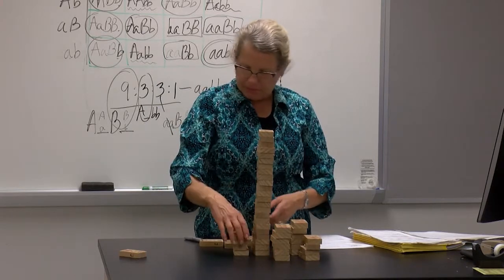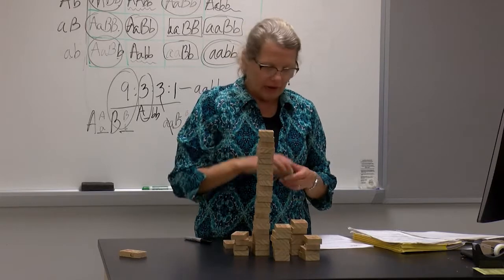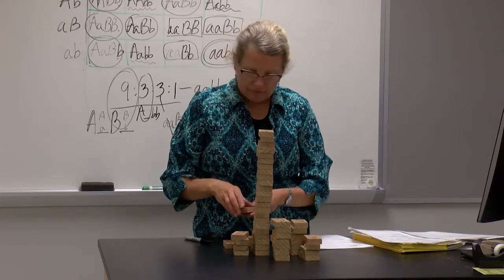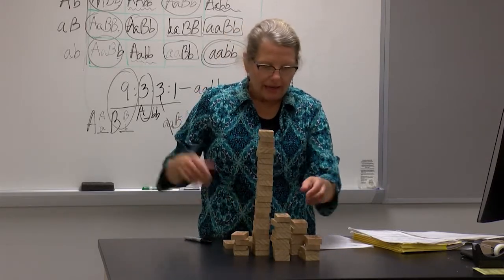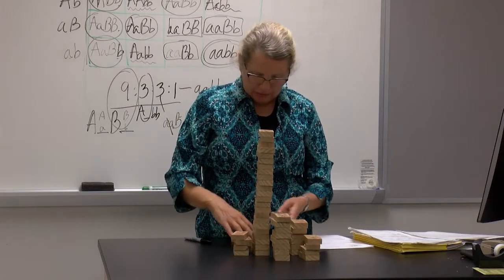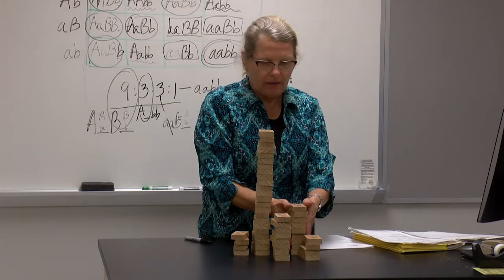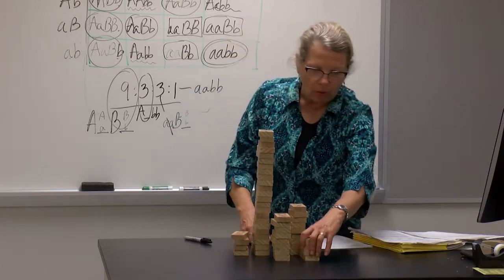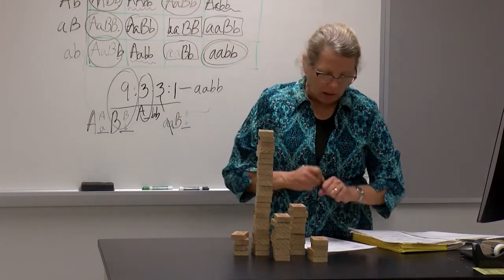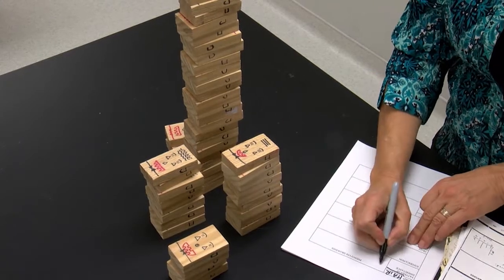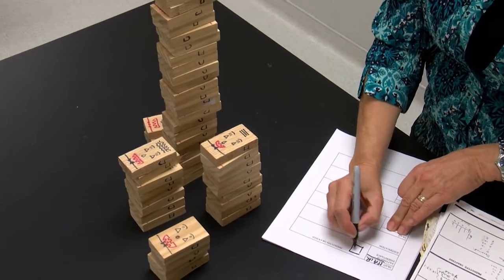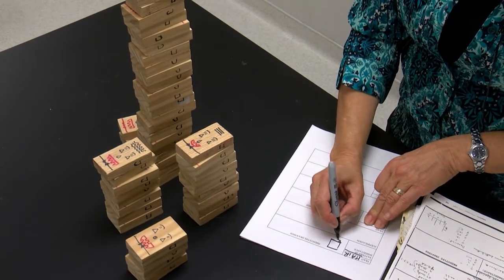We'll count them up. Okay, so for hair, and again, our ratios are not going to be perfect. They should be close, but they're not going to be perfect. So we have bald. Okay, so let's make our bald person. This one is bald.